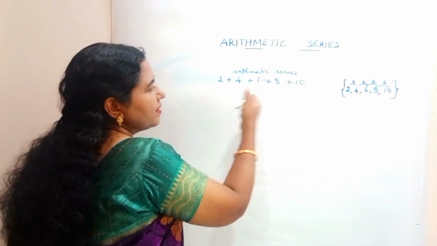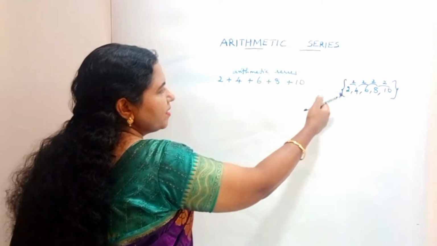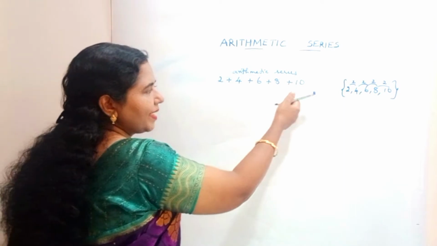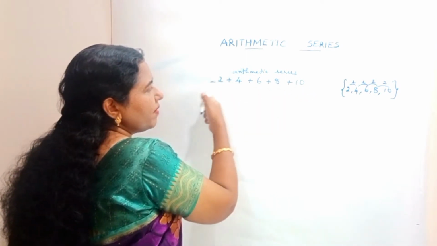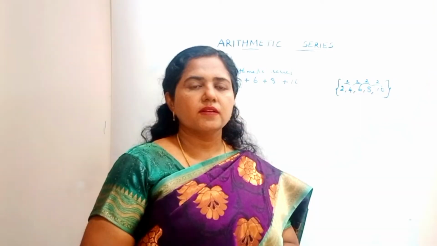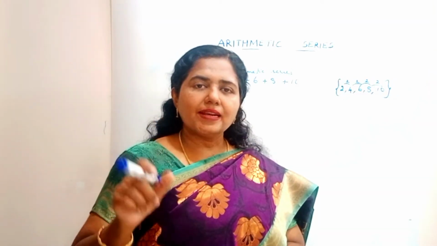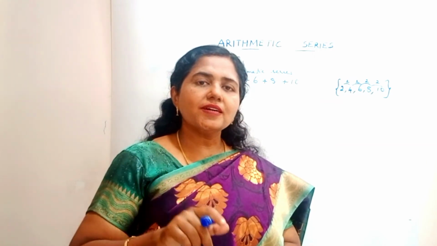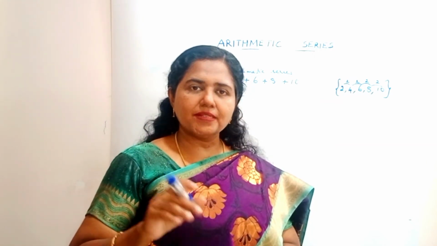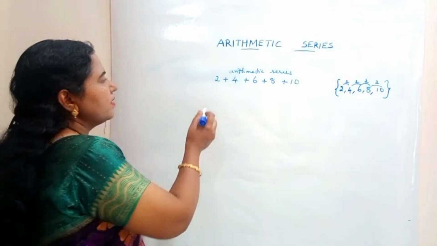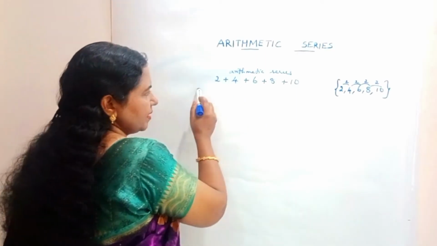We know that this is an arithmetic sequence, and since we are asked to find out the sum of the terms present in that arithmetic sequence, we can clearly say this as an arithmetic series. Okay, so an arithmetic series is the sum of the terms present in an arithmetic sequence. Okay, so now let us find out the value of this series.